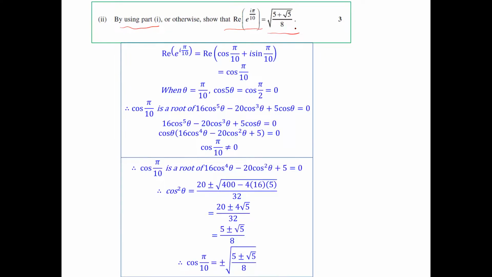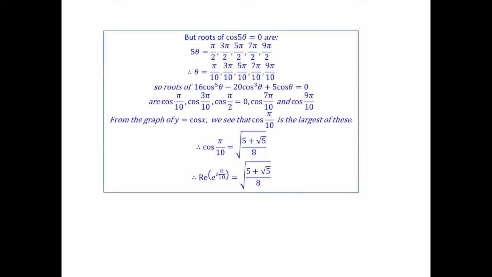In the first method, students recognize the real part of e^(iπ/10) is cos π/10. Substitute π/10 into part 1, then solve a quadratic equation using the quadratic formula to get cos π/10.